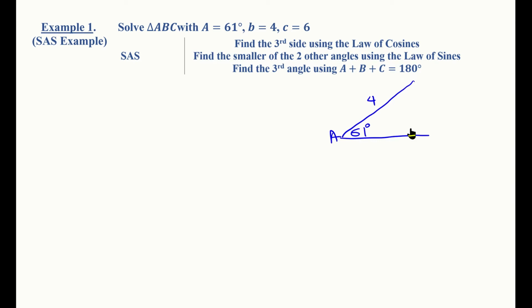And that means, since I've called this side 4, which is B, whatever angle we end up on this side here will be the angle B, and this angle must be C, so we'll put the side opposite that as 6, which is C equals 6, and we should be able to get a good feel for this.